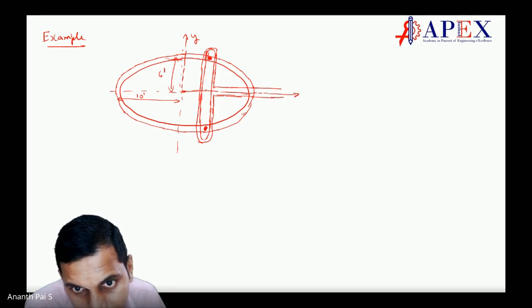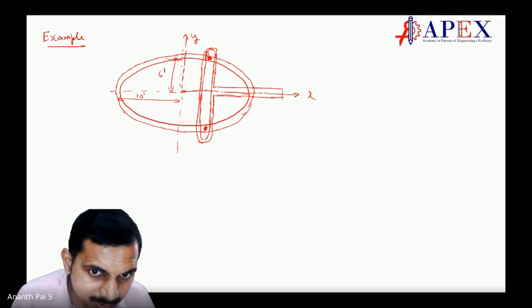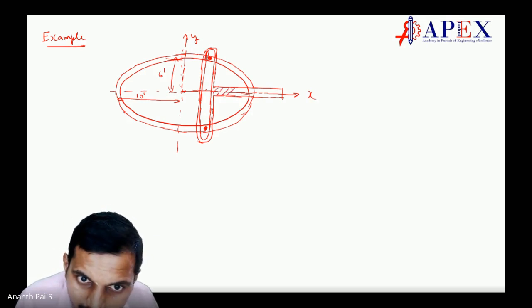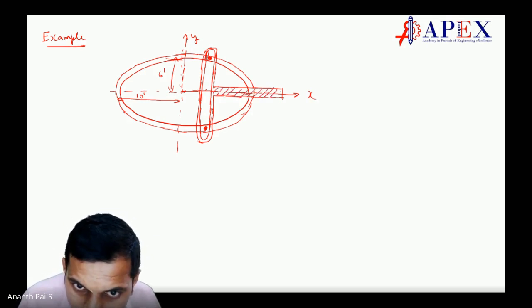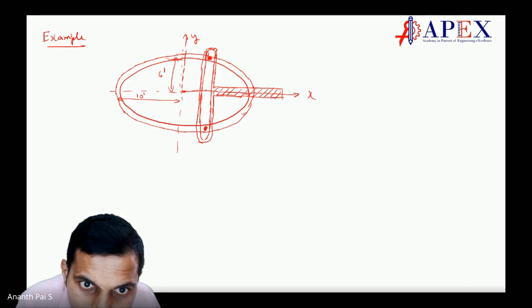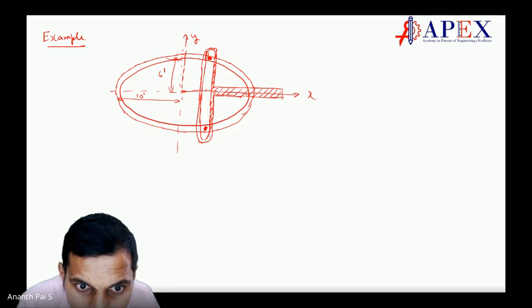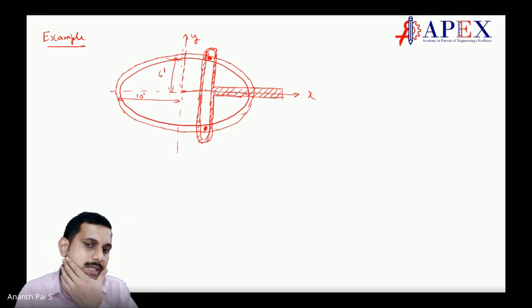This is the elliptical trammel, and let me hash it. That's a trammel which is moving.